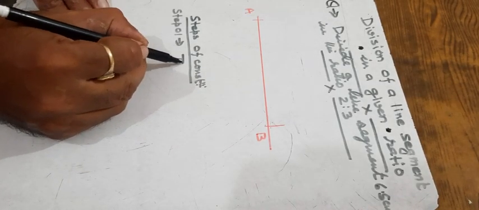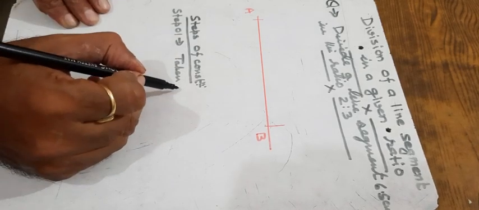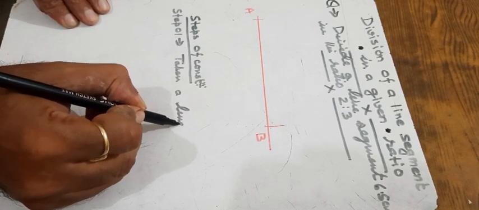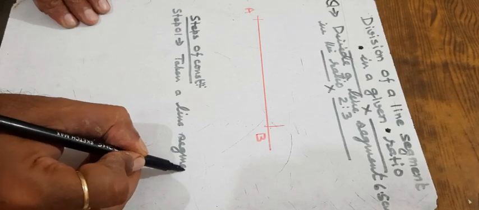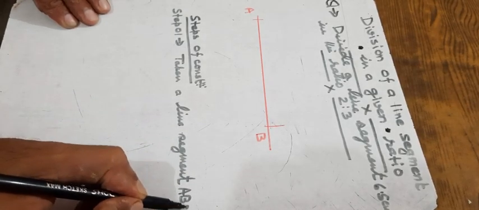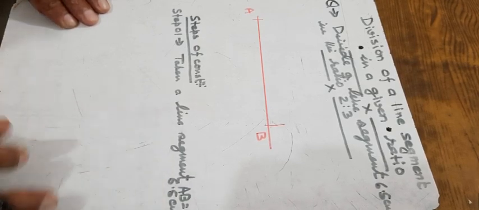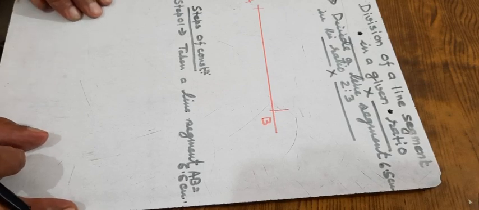It should be in past tense: taken a line segment AB that is equal to 6.5 centimeter.